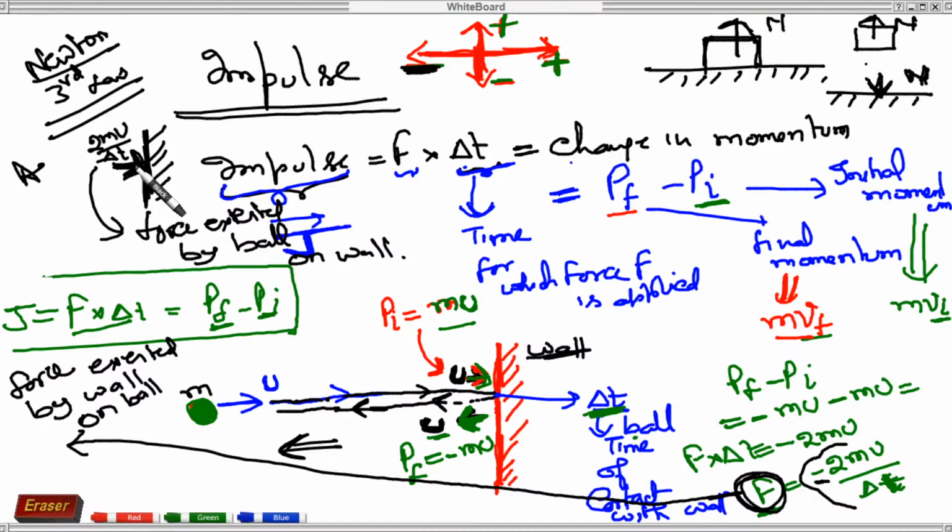So the same thing is happening here: this ball will experience the force in this direction. This ball will be having 2mu over delta t, but in this direction, so that's why I showed the minus sign here, because we are using this sign convention. So it will be like this only. Okay, and this wall will experience a force of 2mu over delta t.